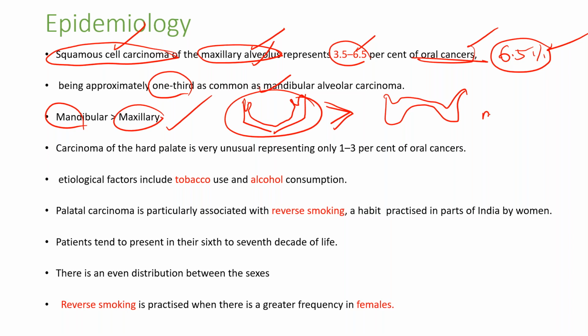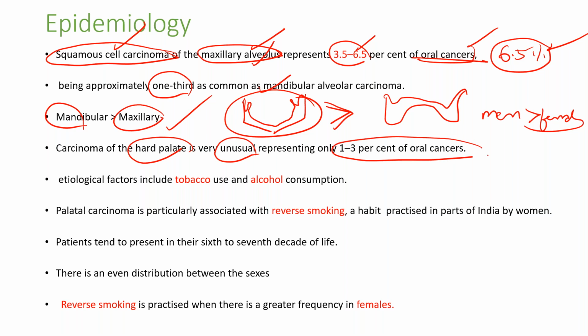In the same way, males are more than females. You should say carcinoma of the hard palate is very unusual, presenting only 1 to 3%. It is maxillary alveolus 6%, and hard palate is 3%. So when you take the maxilla as a whole, alveolar carcinoma is more common and hard palate is less common.